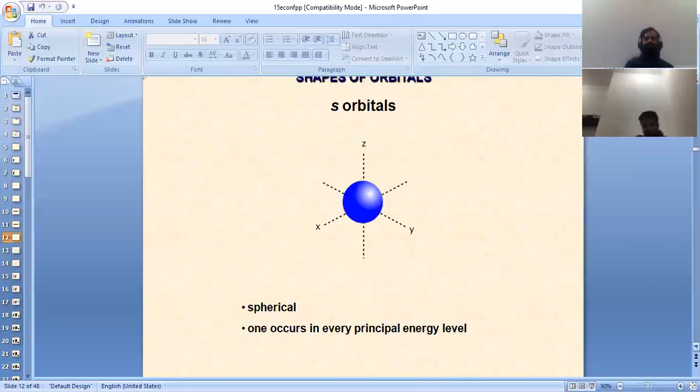So if you talk about the shape of the orbitals, the S orbital, according to their science logic, they make it the spherical one, but of course it has the x-axis, y-axis, z-axis, which will be shown when we work on the overlapping.